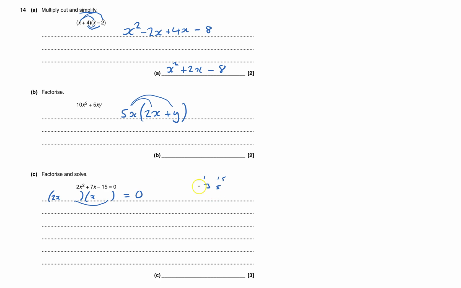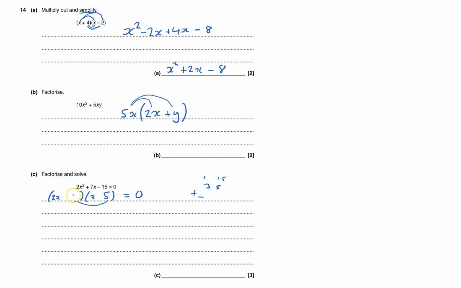But one of those, 3 and 5, the one which goes here, is going to have to be times by 2. Oh, one's positive and one's negative. So I think that if I hit the 5 with a 2, it becomes 10, and the negative 3, that will take us down to plus 7. So this is going to be 5.